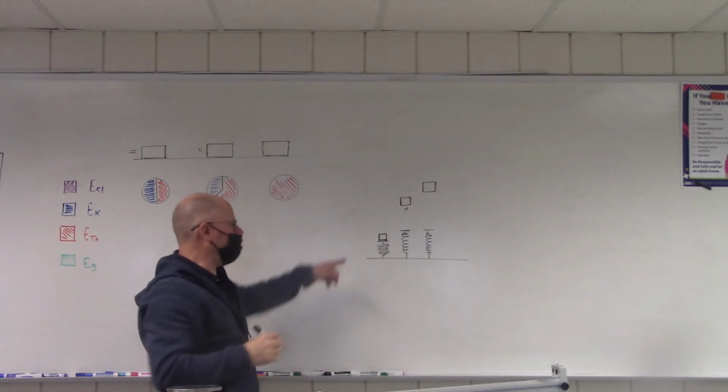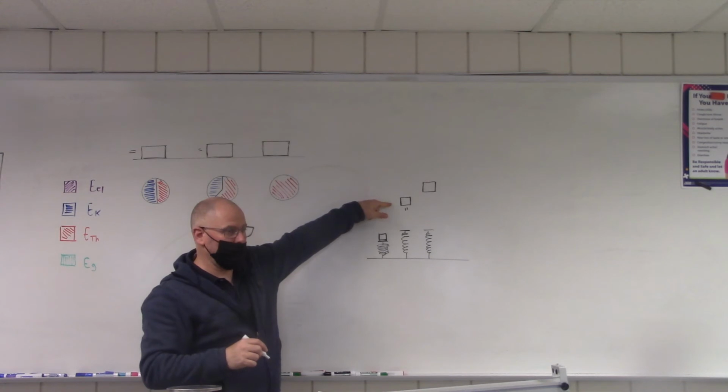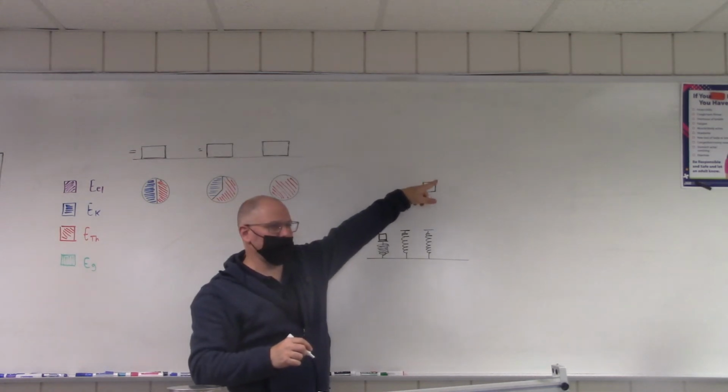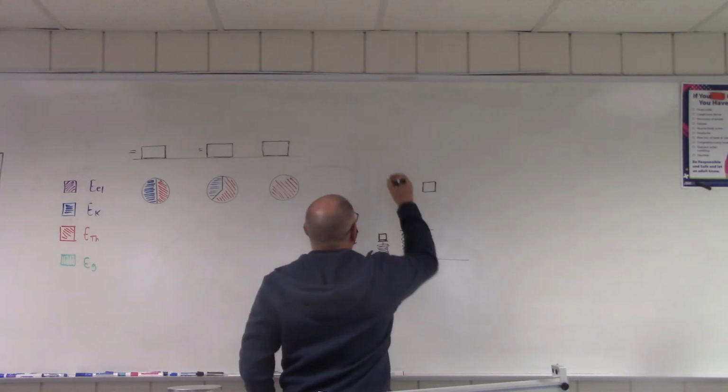So here, the block is at rest, so someone just let it go. Here, it's moving upward. Here, it's at its highest point, so it's stopped. Is that cool? So we got 3 pies here.